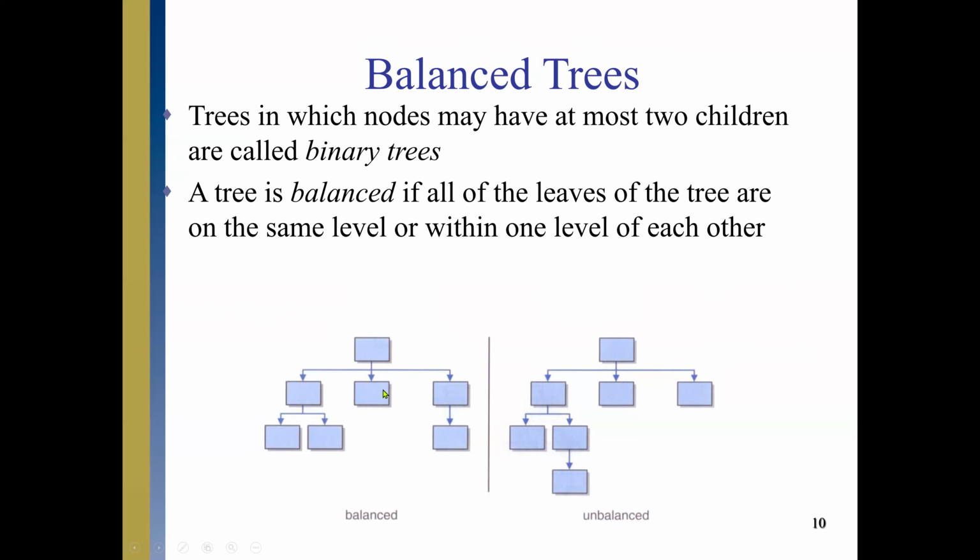We can see one leaf here is one level above, which is okay. But the second diagram is unbalanced because we have a leaf one above, which is okay, but also one 2 above. It's not a balanced tree. So a balanced tree normally has leaves on the same level or one above.